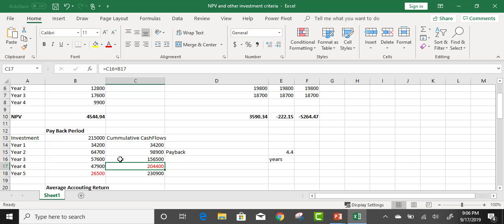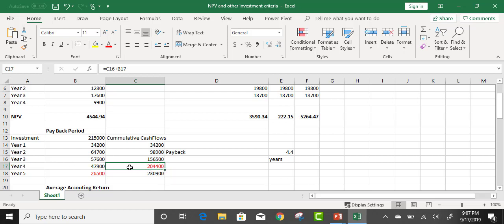The payback period is definitely after the third year, because the cumulative cash flow in the third year is $156,500, which is less than $215,000. So it is not in the third year. In the fourth year, the total cumulative cash flow is 204,400.